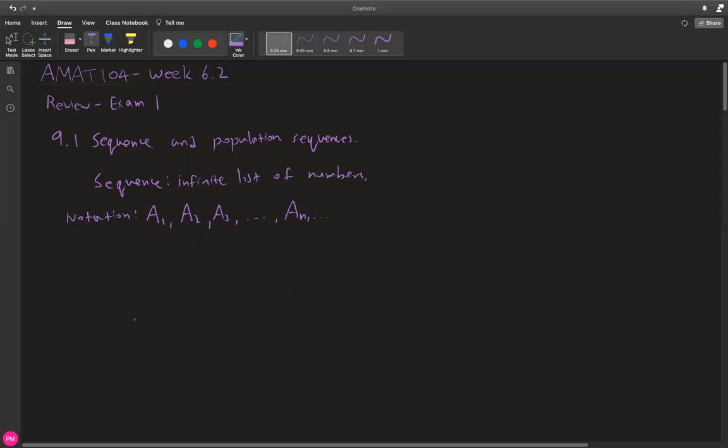Population sequence is the same thing, but it simply describes a population of some sort.